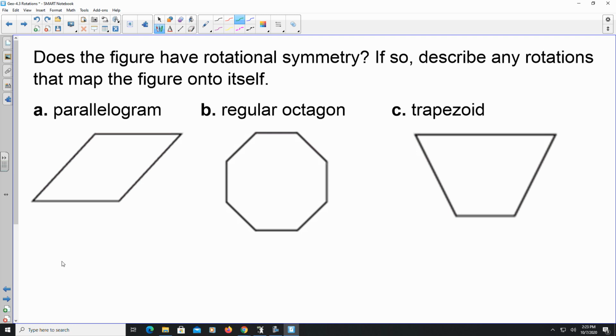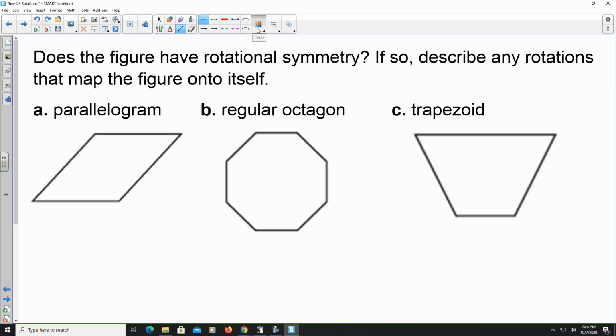Note that not every figure has rotational symmetry. Each figure does, in fact, have the possibility of having a center of symmetry and not having rotational symmetry. So, for example, if we were to look at this parallelogram, let's say I'm trying to find my center here.